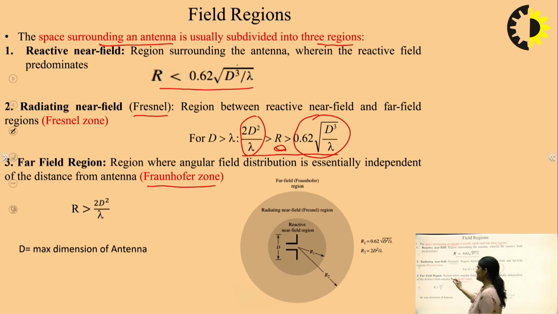Third is the far field region, where the angular field distribution is essentially independent of the distance from the antenna, that is the Fraunhofer zone, where R is greater than 2D square upon lambda. So this is how we differentiate the reactive near field, the radiating near field known as the Fresnel zone, and the far field region, the Fraunhofer zone.